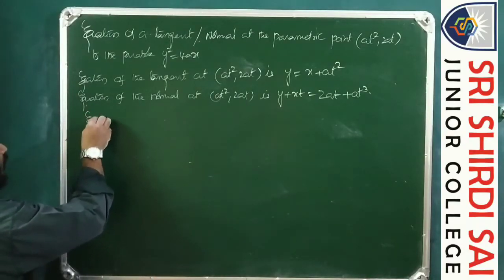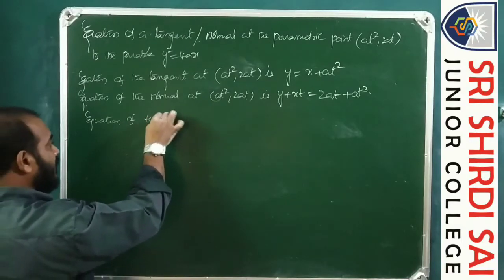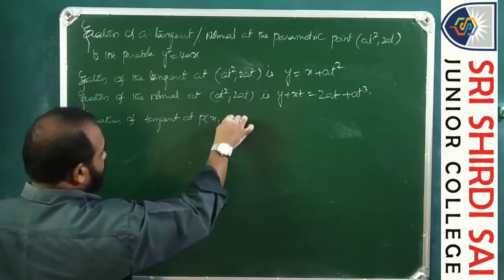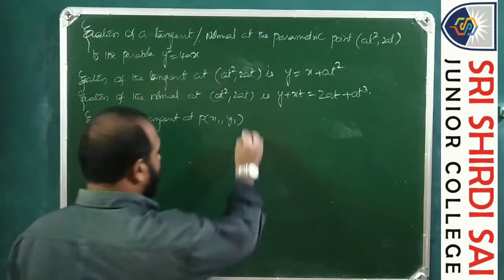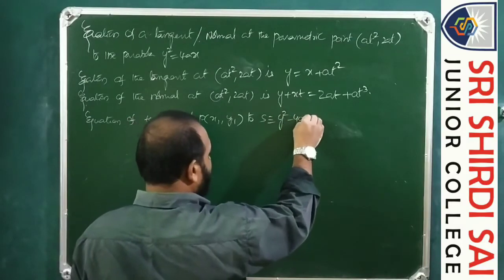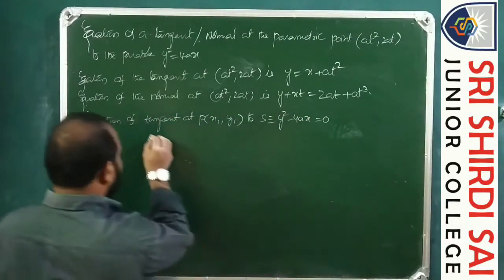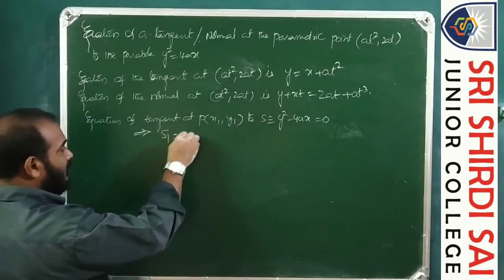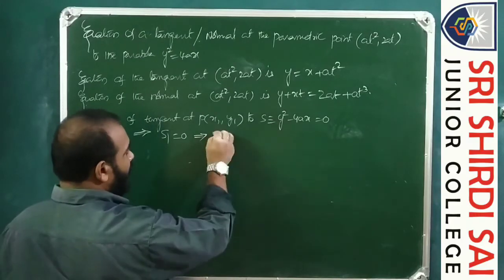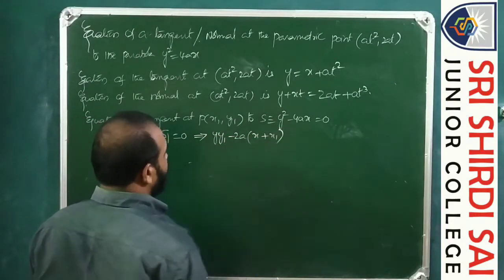What is the equation of tangent at P(x1, y1) to the parabola S: y² − 4ax = 0? That is S1 equals 0, right? What is S1? y·y1 minus 2a into x plus x1.